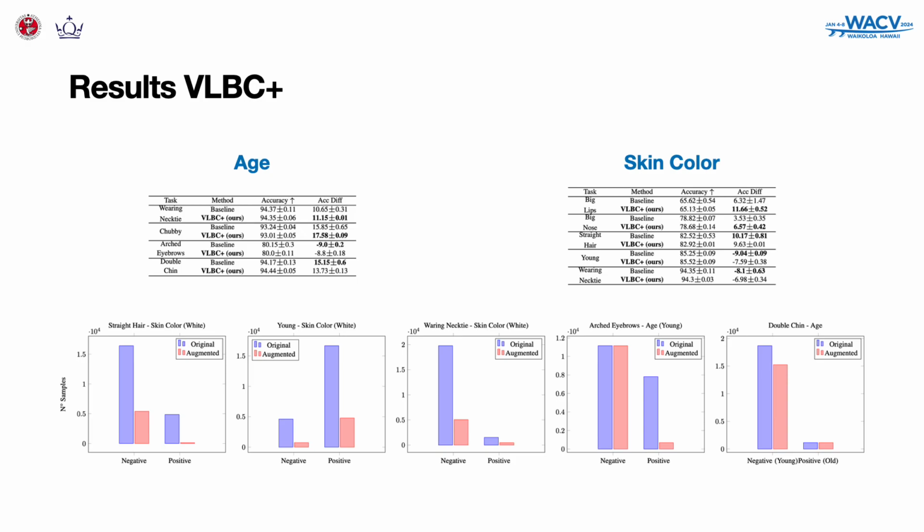This is because here we are augmenting the minority protected group, such as black people, which is not enough represented in the synthetic dataset because the generator is itself biased. The graphs show the number of augmented images in red compared to the number of original images in blue in the failure cases. As we can see, there are not enough available images to be augmented to reach an equal number of samples.